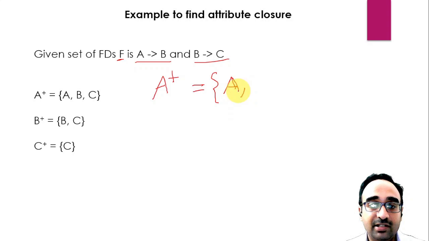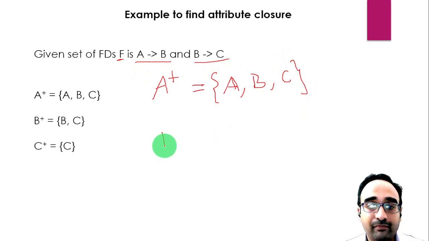Then is there any FD which is starting with A? Yes, there is FD A to B. So add this B here. And now check for B. Is there any FD with B? Yes, there is. So add this right hand side here. So now is there any FD which begins with C? No, there is no FD. So we will stop here.